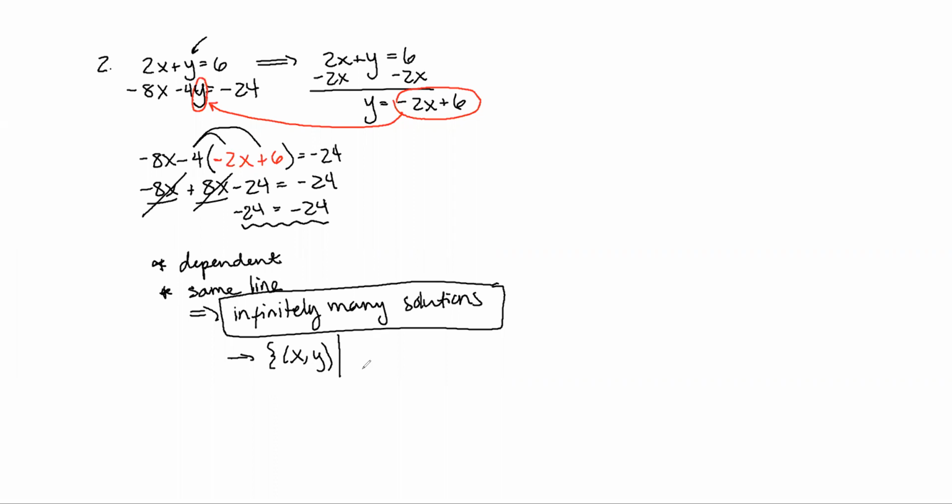Normally it'll be the one that's a little bit more simplified. So in this case, we're going to use the first equation, and we're just going to put 2x plus y equals 6. So that's just saying that every single point on this line is a solution to this system of equations because they're exactly the same. They intersect at an infinite number of points. So this is what it's going to look like on MyMathLab.